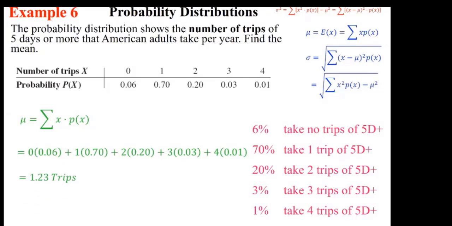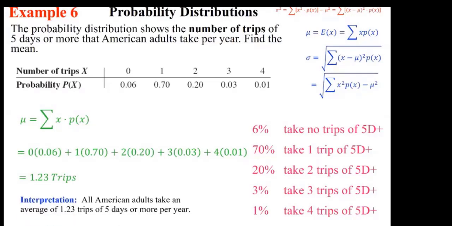And that is the expected value of the number of trips. What it really means is that according to this data, all American adults take an average of that many trips that are 5 days or more per year. So that is the probability distribution of a DRV, discrete random variable, and what it tells us.